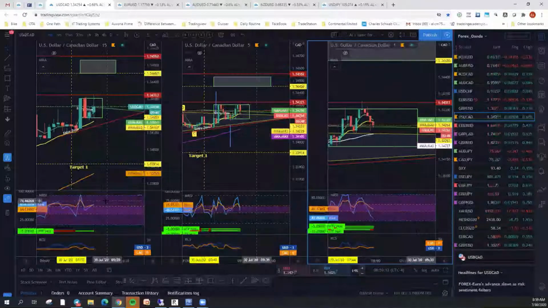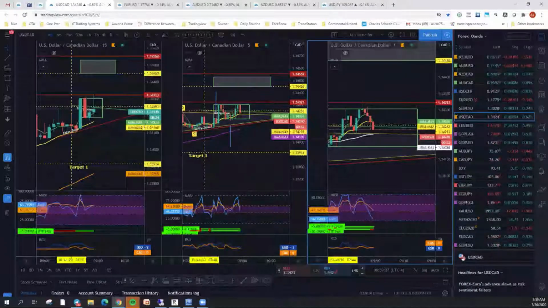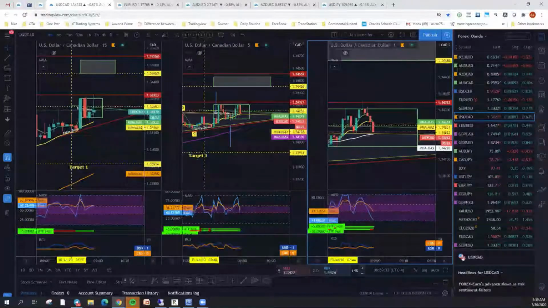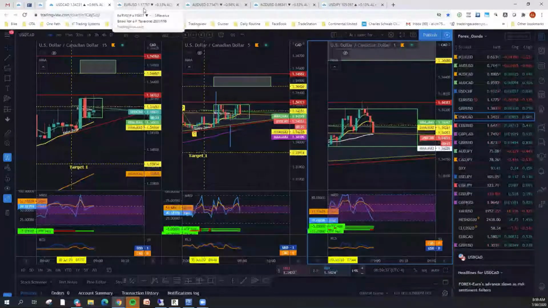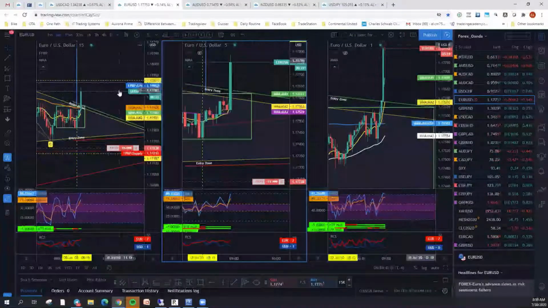There are odds that it breaks in one direction a little more frequently than others, but I don't want to hang my hat on those odds. If we can go down to the lower time frames and get a better break of the wedge, then we're going to be in a much better position than a lot of the other traders who decide that, okay, it's ascending, so let's look for it to break out of the top, or descending, break out of the bottom. Hope that answers your question.